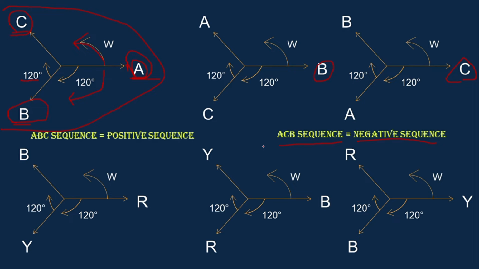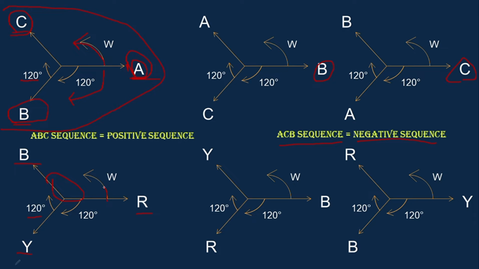However, it is usually practiced to name the three-phase windings after the three natural colors: R red, Y yellow, and B blue. So for this case, this is the R red, Y yellow, and B blue. Katulad din ng nasa taas, it has 120 degrees and the total angle is 360 degrees.